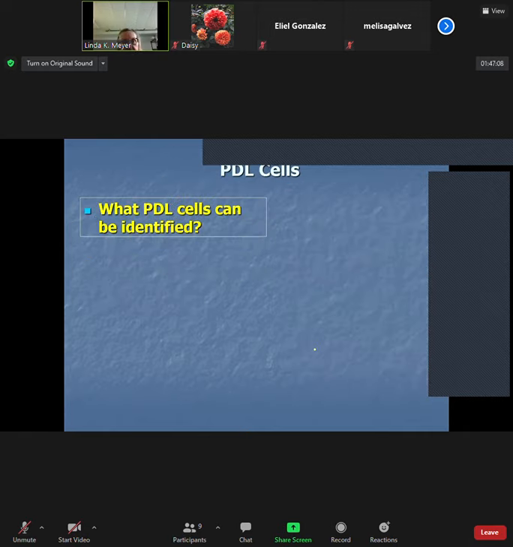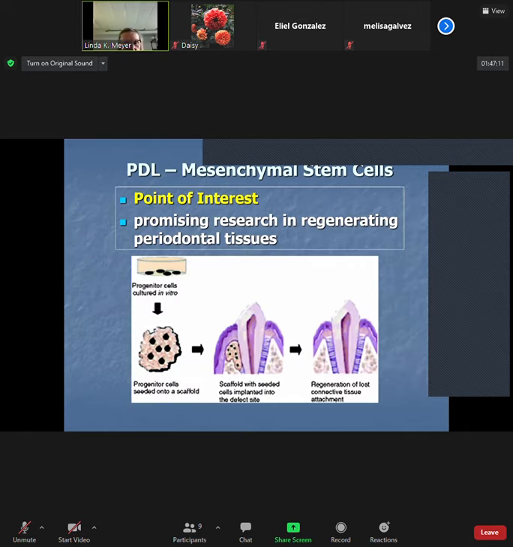So I just wanted to show you what is being done in a laboratory situation. They're taking like a little scaffold material and placing these stem cells on it and trying to trigger regeneration of the attachment apparatus.